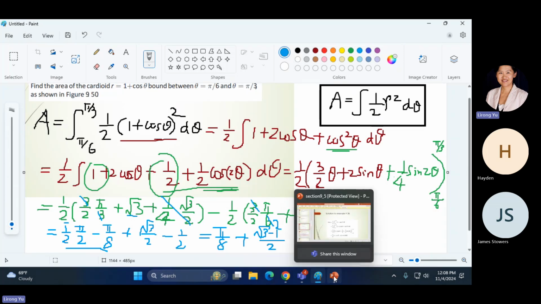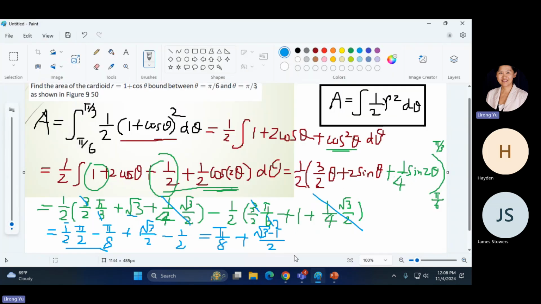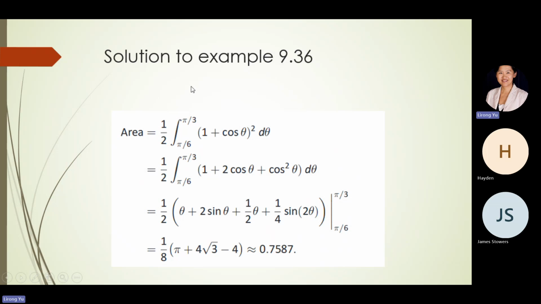We also have root 3 over 2, and minus 1/2. Yeah, I think it's just a different representation of the same thing. That's the final answer. Any question? So the computation may take some time, but the method itself just follows the formula.